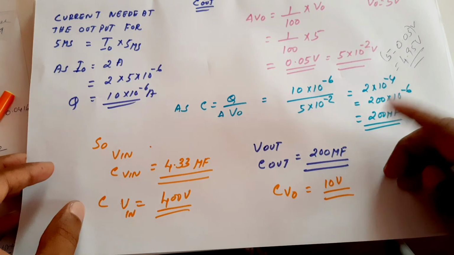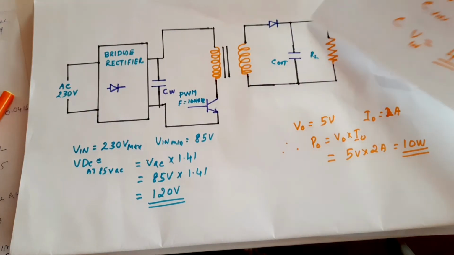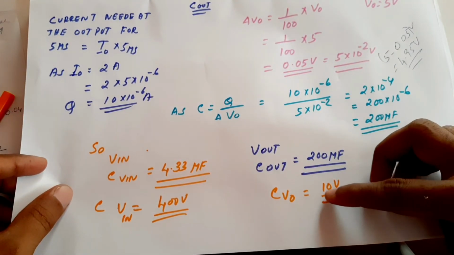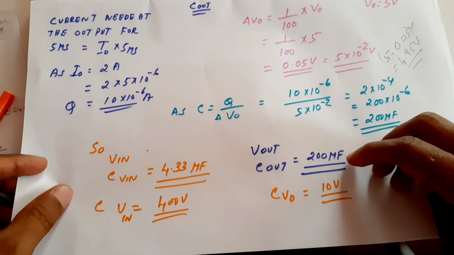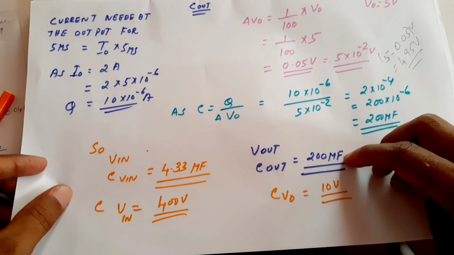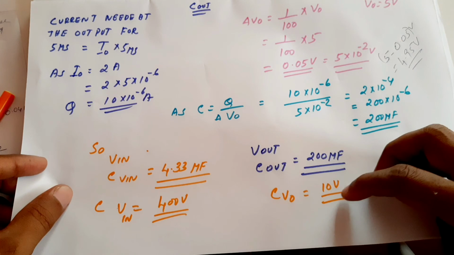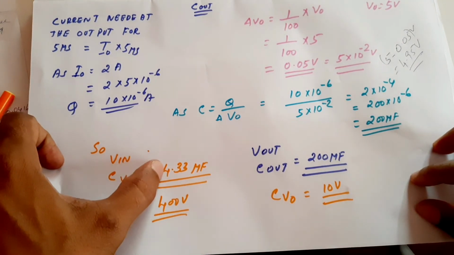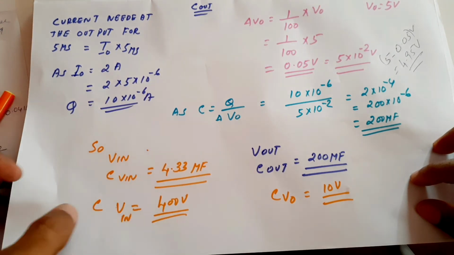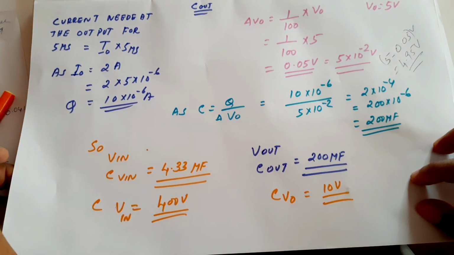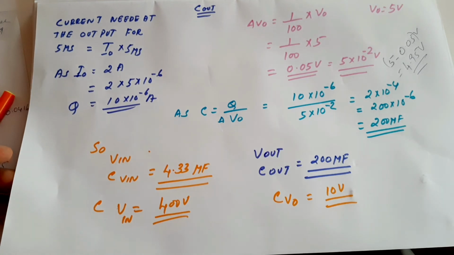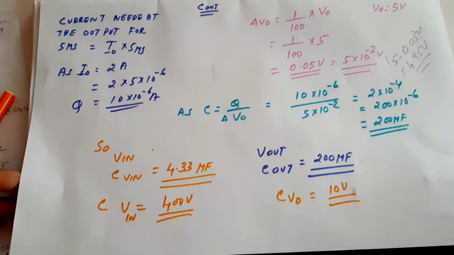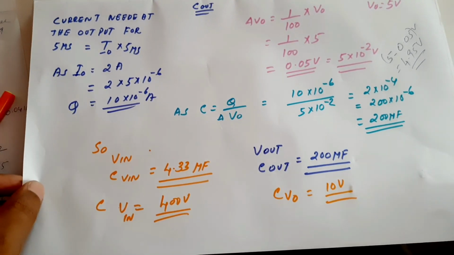As we want 5 volt at the output, we will select an output capacitor voltage of 10 volt. So the output capacitance is 200 microfarad at 10 volt, and the input capacitance is 4.33 microfarad at 400 volts. Thus, we can easily calculate without any complex mathematics.